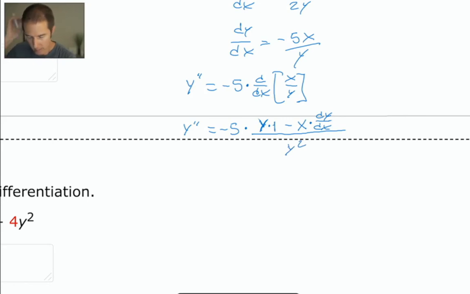Interesting. Okay. So I'm supposed to be finding y double prime. This looks like y double prime. It says y double prime equals, but on the right-hand side of the equation, I have a dy dx. That's a little strange. If I were trying to find a rate of change, it wouldn't be the slope of a tangent line anymore.